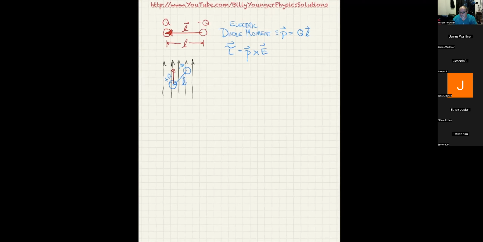Electric fields point in the direction that a positive charge would want to go. Similarly, that electric field is going to compel this negative charge to go this way. So this is F on negative Q. And this one's the F on positive Q. And you can see that that tends to rotate.